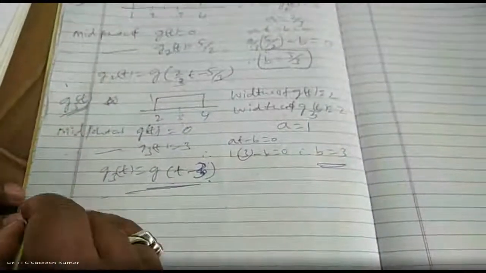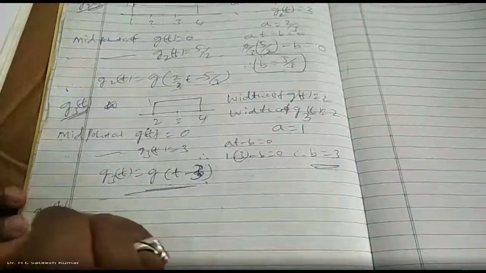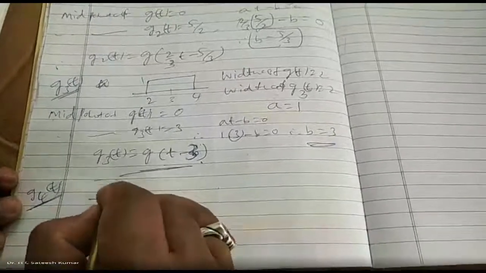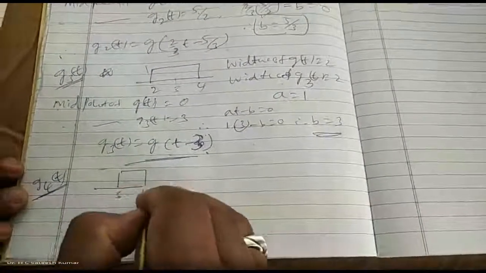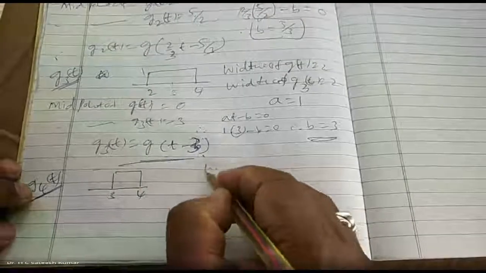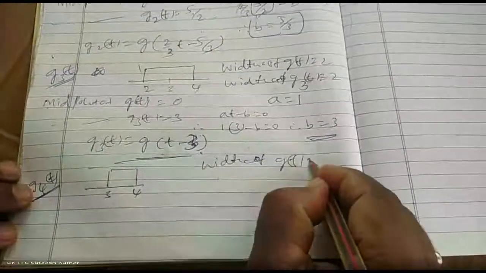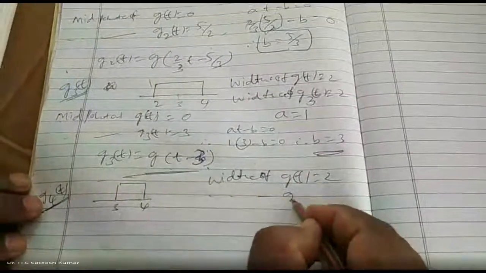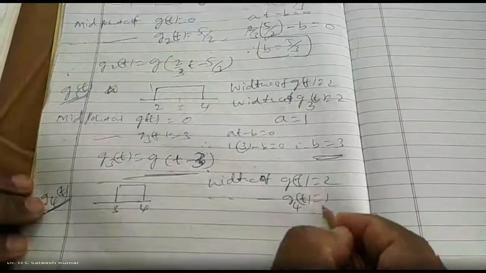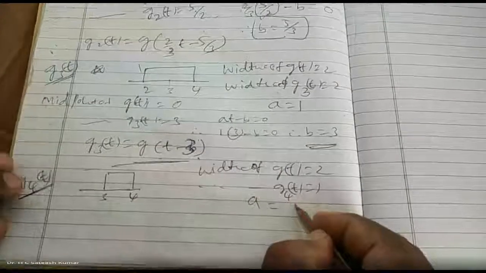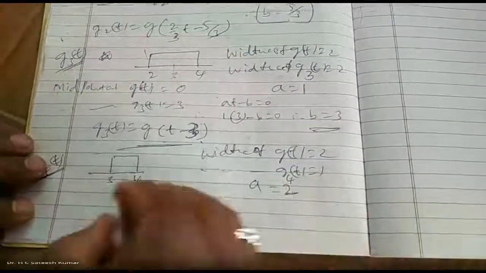So G4 of t. G4 of t is nothing but what? Once again, this is from 3 to 4. And that means width of G of t is 2. Width of G4 of t is 1. Therefore, A is equal to 2 by 1 is 2.